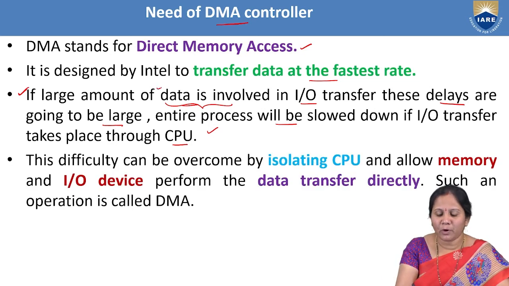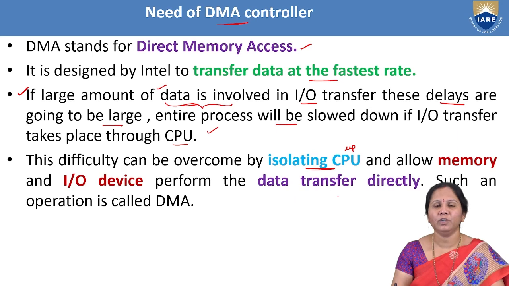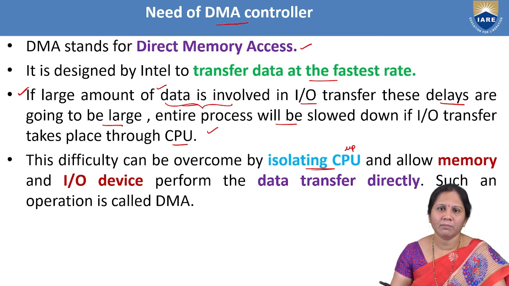Now, how can this problem be solved? By using the DMA controller hardware unit. With the help of this DMA controller, the CPU, that is the microprocessor, can be isolated. That is, there is no need to use the microprocessor every time. That means no need for the IO devices to ask permission of the microprocessor every time, and for the microprocessor to give permission to the IO devices for data transfer between main memory and IO devices.